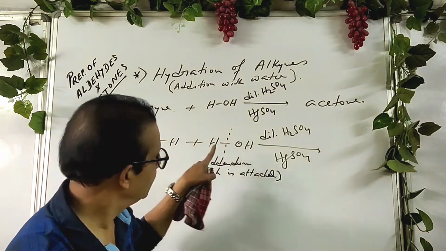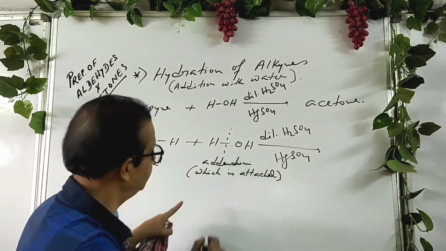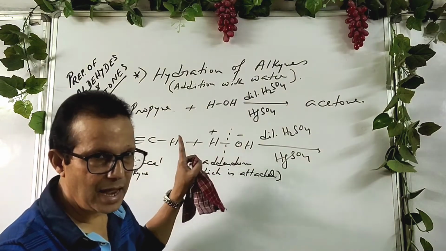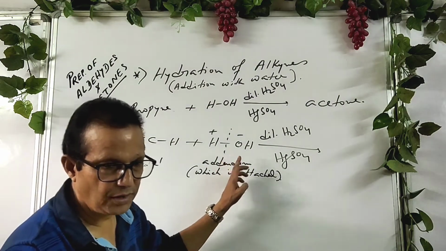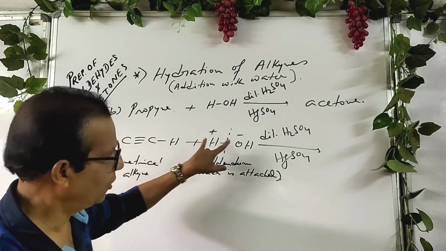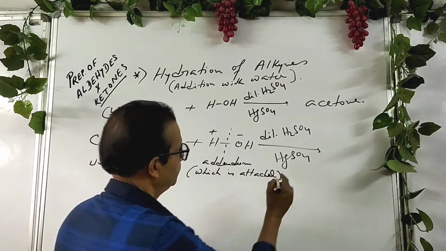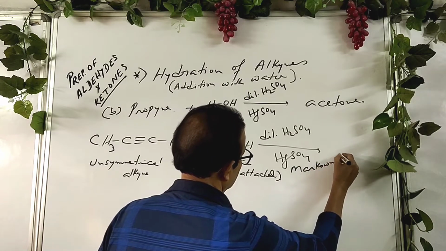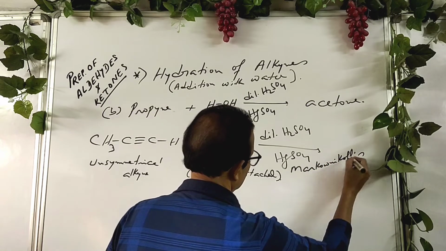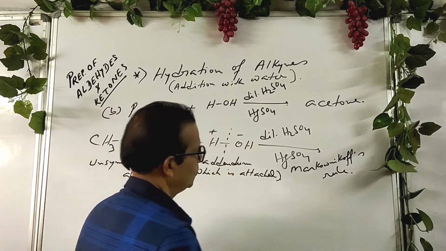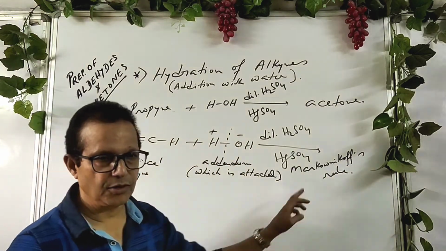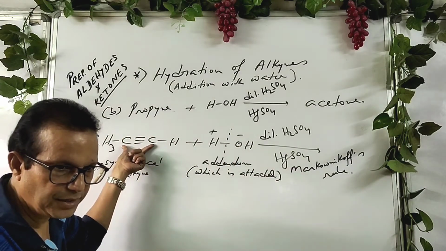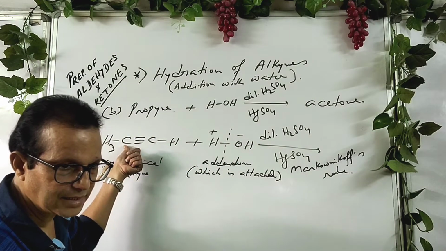Just break it. Hydrogen becomes positive charge, and here addition reaction for unsymmetrical alkyne follows Markovnikov's rule. According to Markovnikov's rule, the negative part is attached to that triple bonded carbon atom which contains less number of hydrogen.